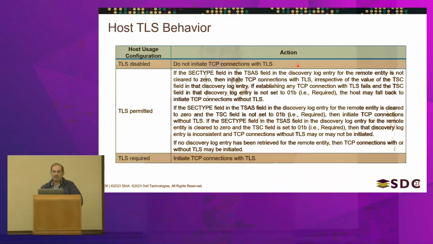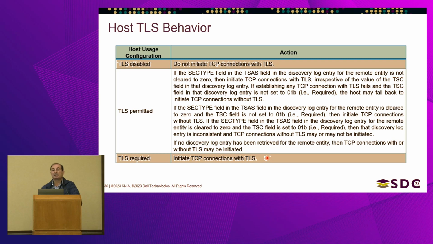So let's look at the host behavior. If it is disabled, the host will not initiate a TCP connection with TLS. It will initiate only TCP connections without TLS. If it is required, the host will always initiate the TCP connection with a TLS handshake immediately after the TCP handshake, so always with TLS.